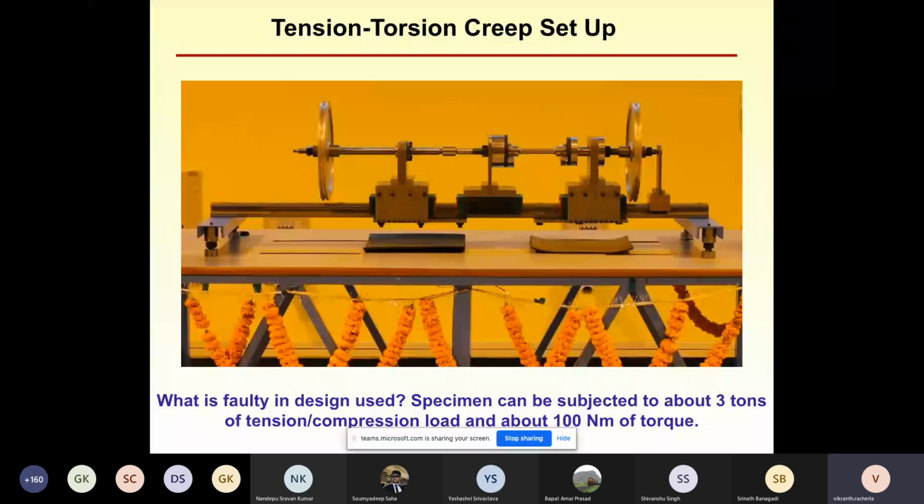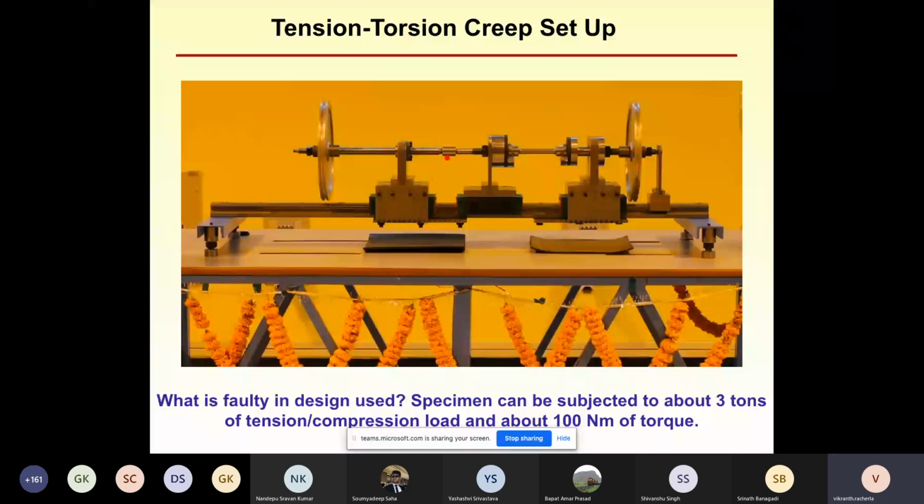Which means if you hang 1 kg mass on the pulley, you end up applying close to 180 to 200 kg force, or about 1800 to 2000 newtons of force on the specimen. So this mechanism gives you a huge mechanical advantage.